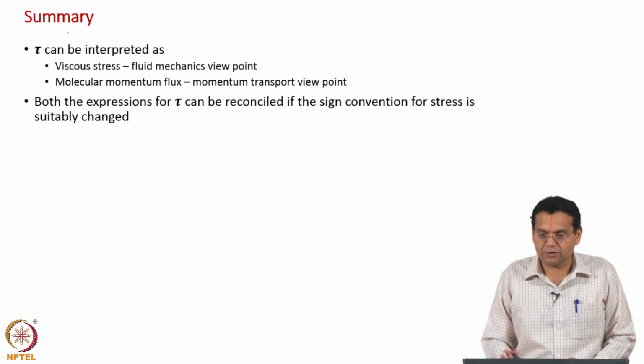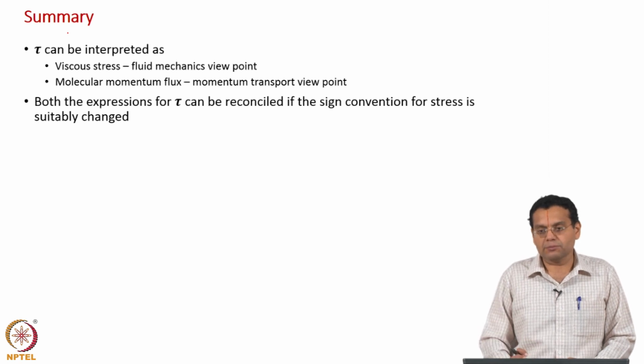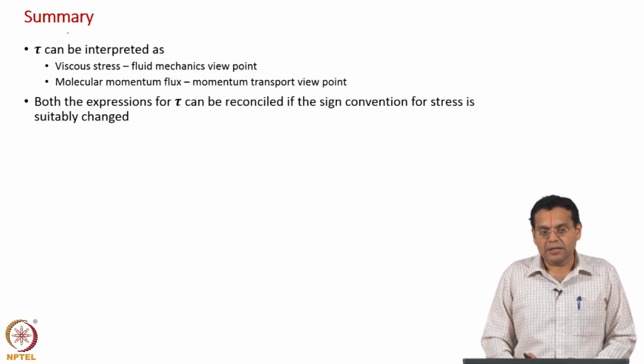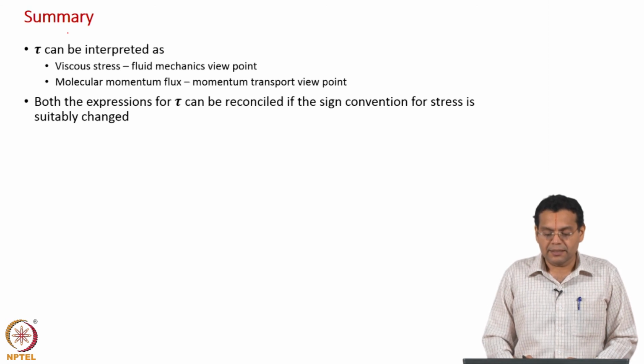That is what we have discussed so far. We took our usual planar Couette flow, took the other case where the bottom plate is moving, gave a molecular interpretation to tau, but that resulted in a negative sign. So, we want to reconcile that with the expression which I have discussed so far in fluid mechanics. That could be done by changing the sign convention for stress.